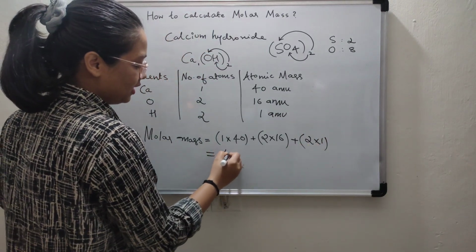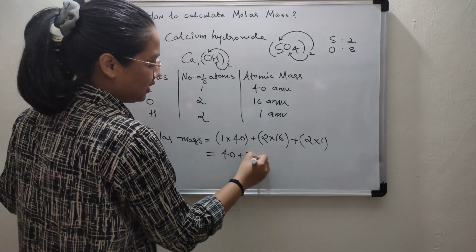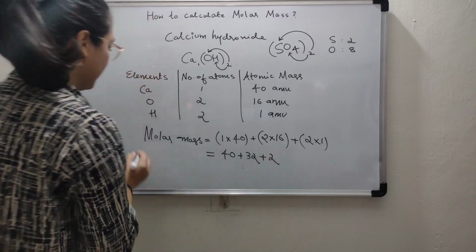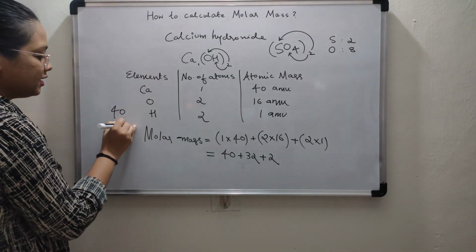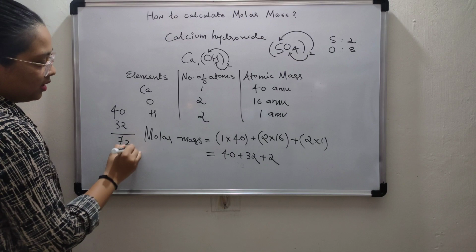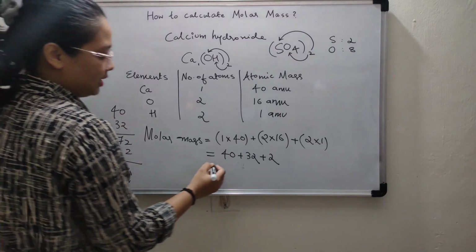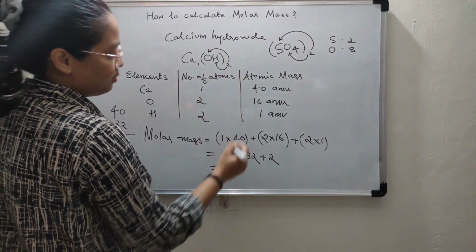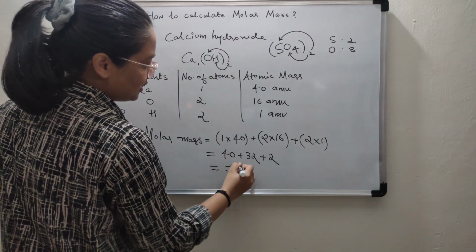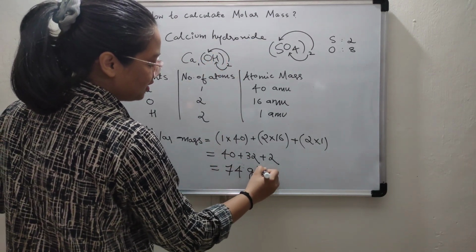So this will be 40 plus 32 plus 2. 40 plus 32 gives 72, plus 2 gives 74. That means the molar mass of calcium hydroxide is 74 and the units are grams per mole.